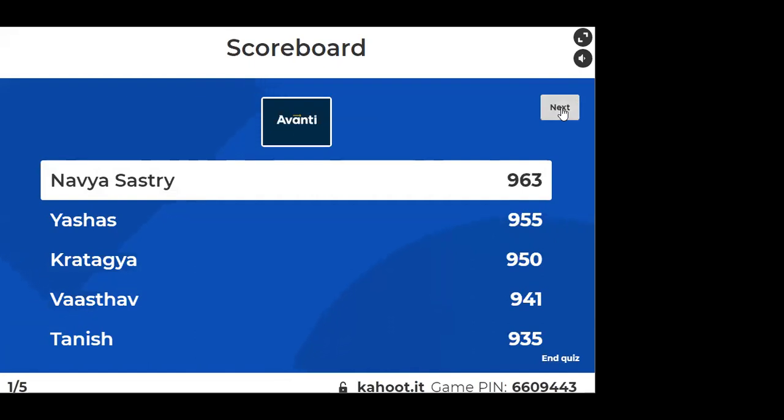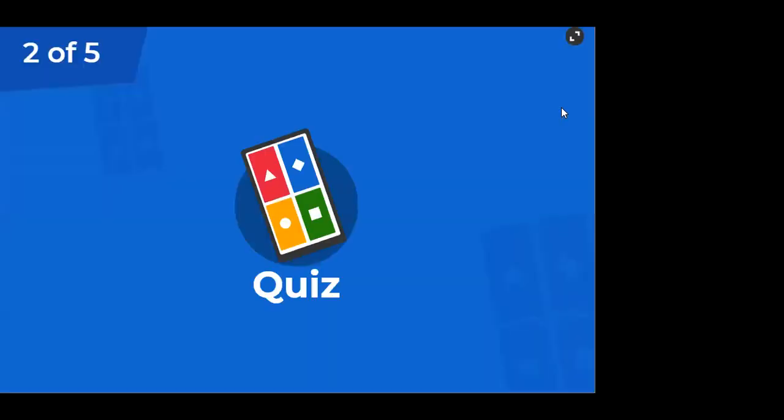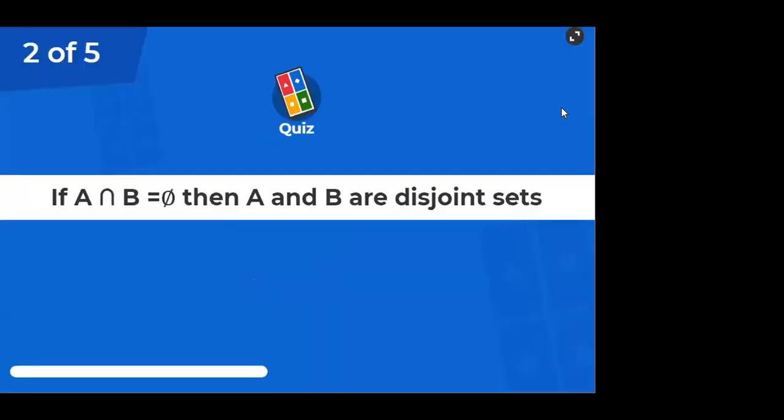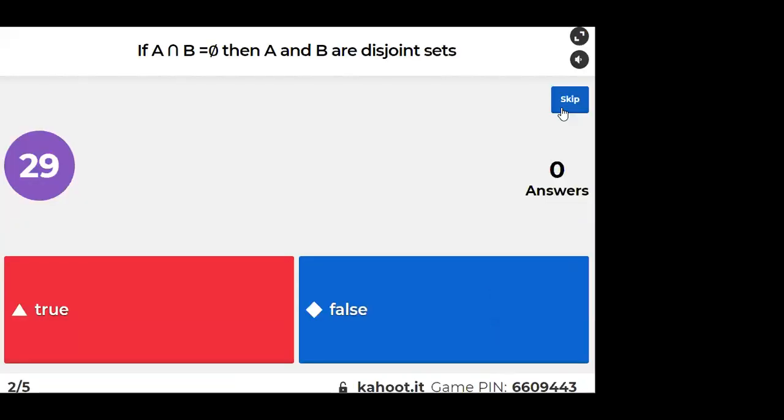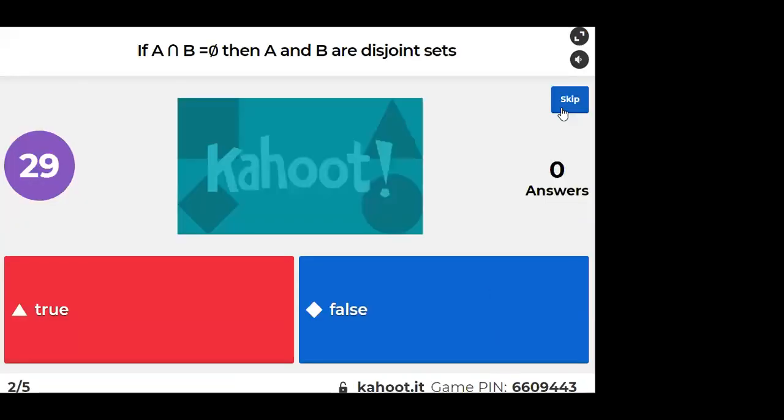Okay. Next. If A intersection B is equal to psi, then A and B are disjoint sets. It is a definition. Just write psi.